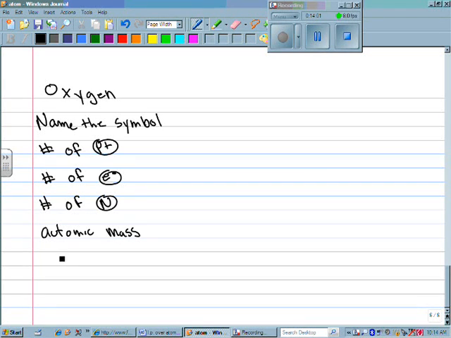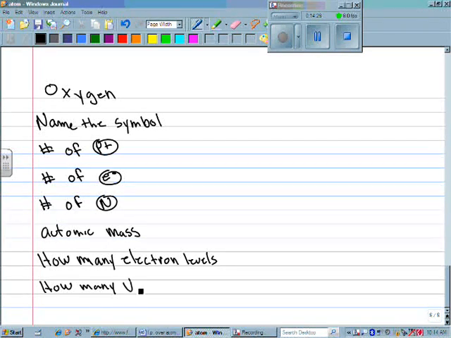Now, hold on. I won't go over it. How many electron levels, how many valence electrons, and then finally, what family is it in?